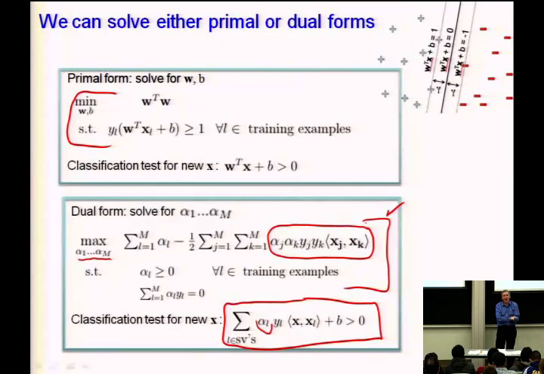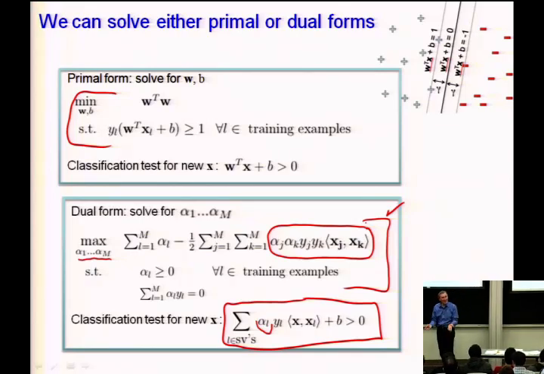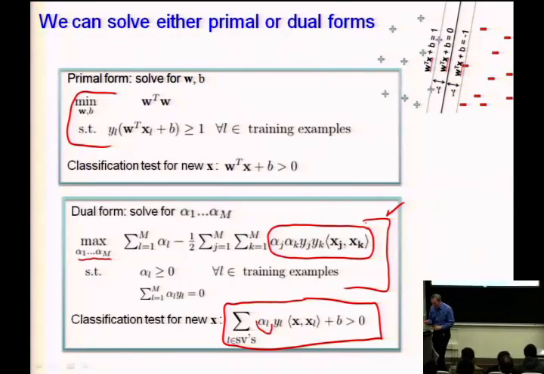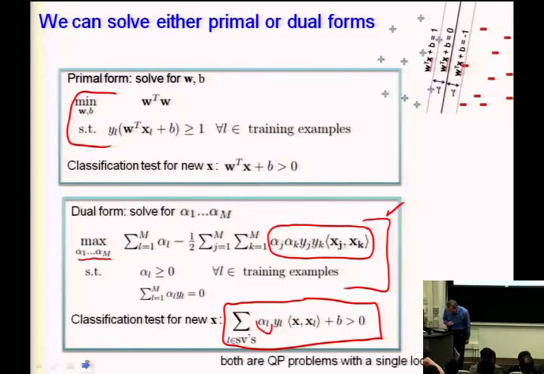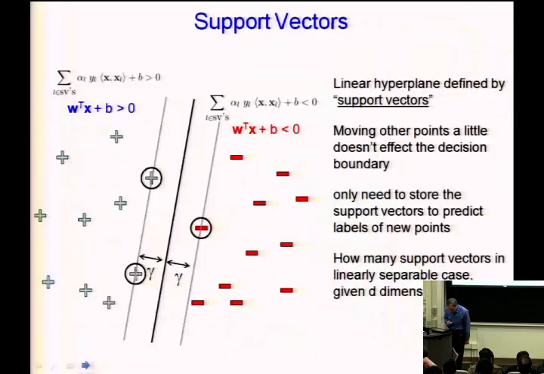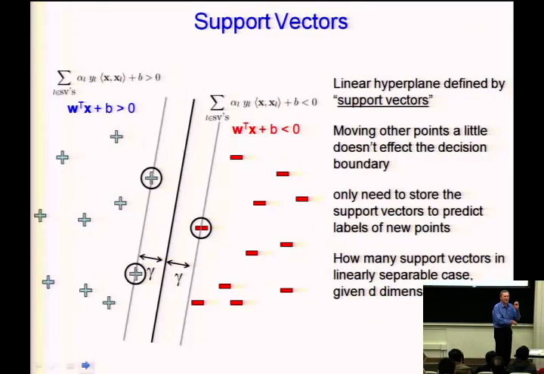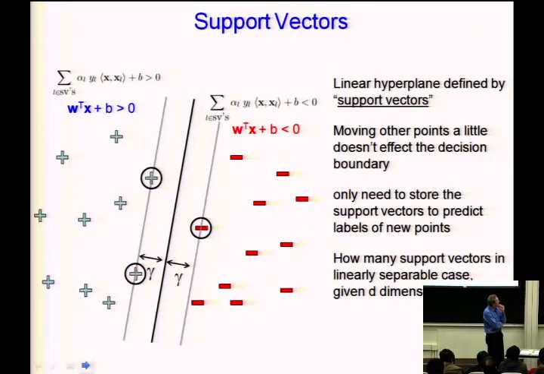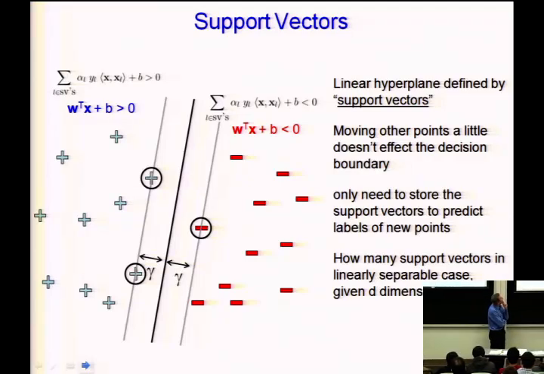There's no other kind of operation that we really need to do. And so once we've got it in that form, we can bring in the kernel function and replace those dot products by kernel products. We'll talk about that in a second, but first let's come back to that point about support vectors.